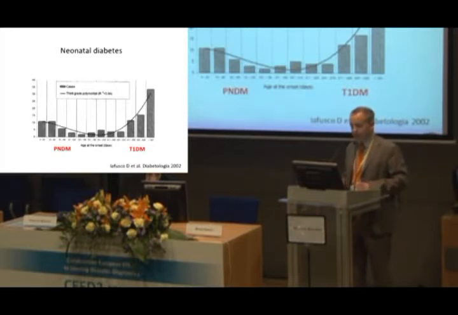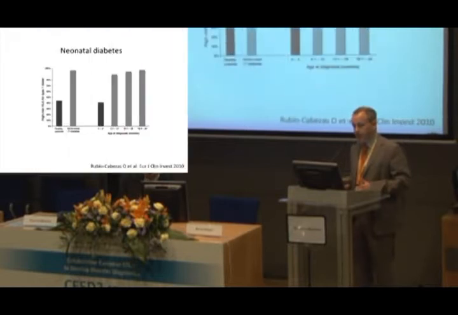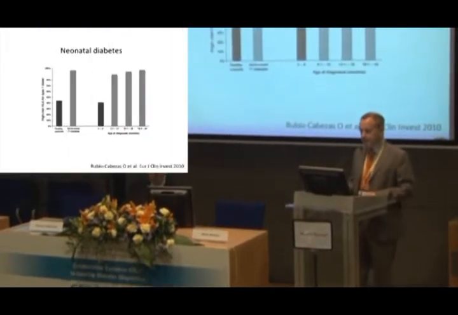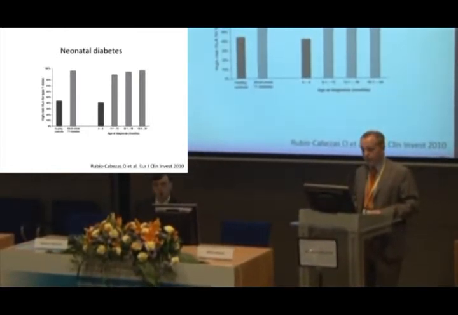And this is the first evidence that probably this period from birth to 6 months of age is a completely different diabetes. And there are other evidences that this type of diabetes has a completely different genetic background.